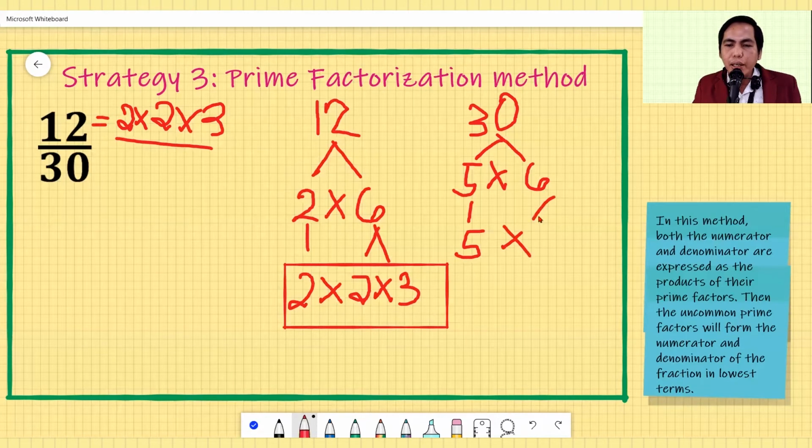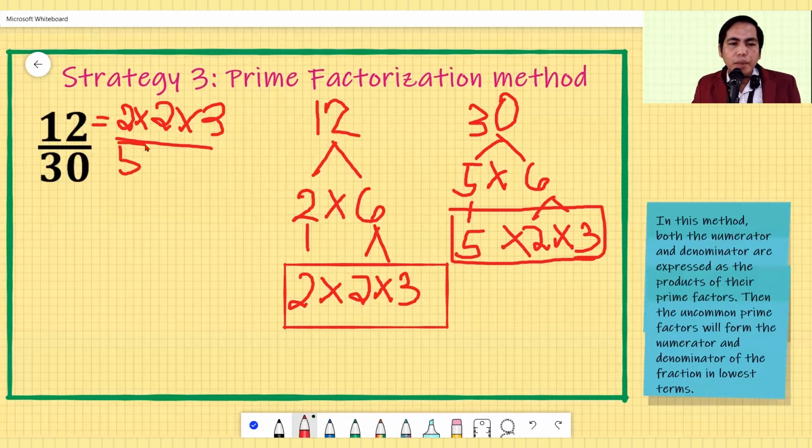And the 6, I can use 2 times 3. 5, 2, and 3 are all prime numbers. So therefore, the prime factorization of 30 is 5 times 2 times 3.